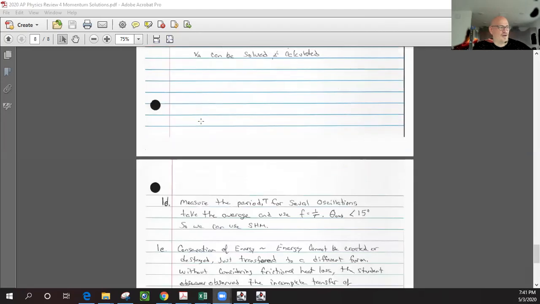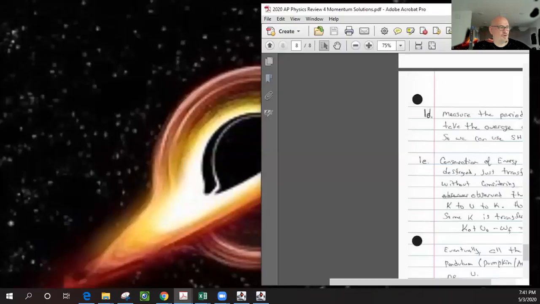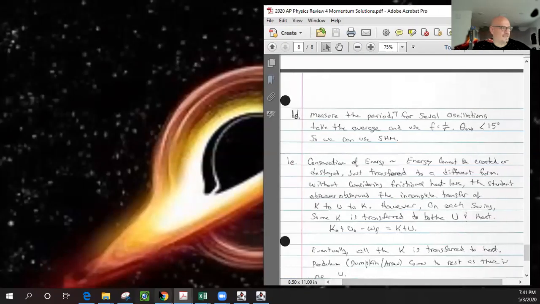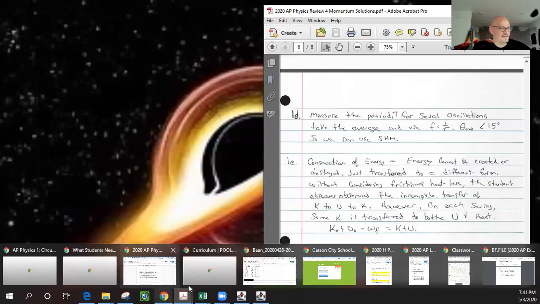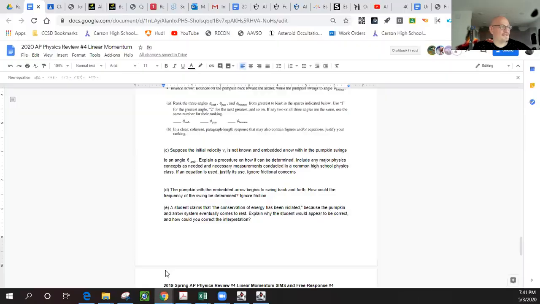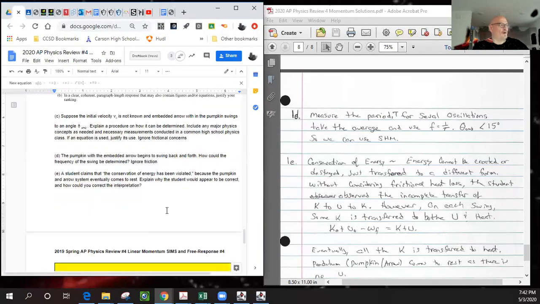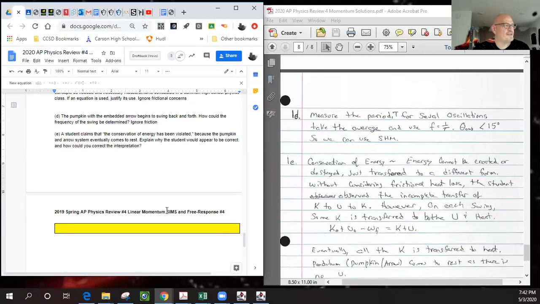Okay, question 1D. We're almost done here. Let me go back up again. 1D: the pumpkin with the embedded arrow begins to swing back and forth. How could the frequency of the swing be determined? Ignore friction.